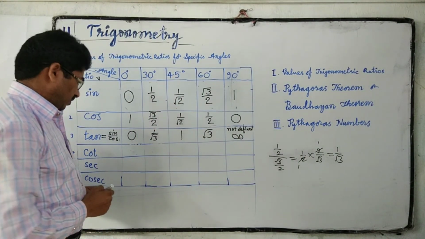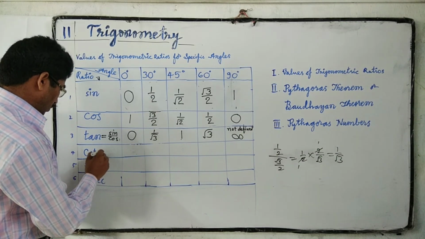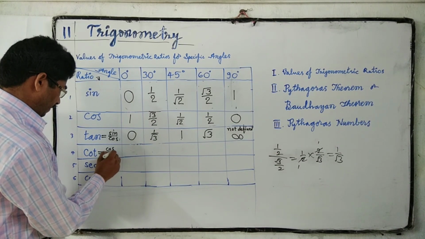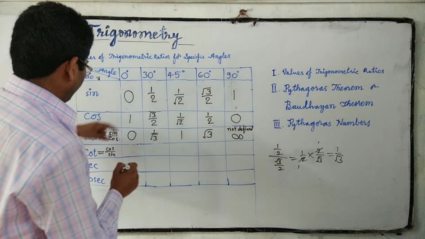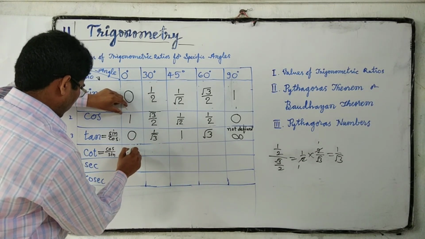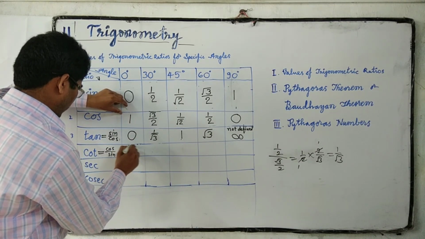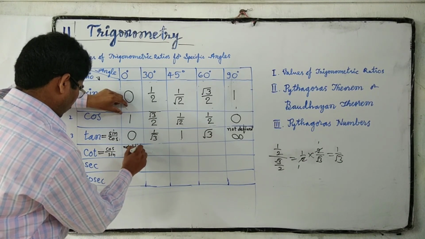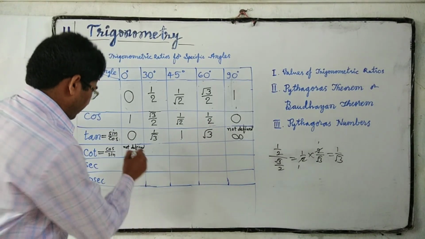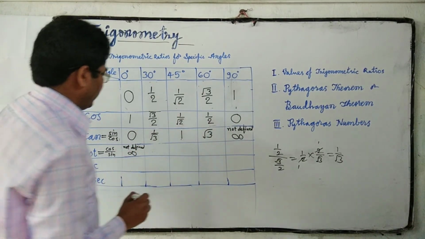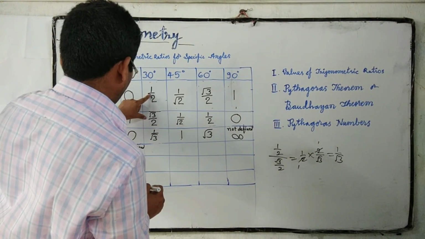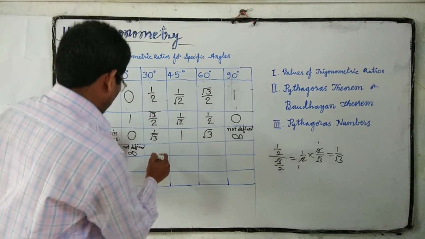Now cot values, we know cot is equal to cos by sine, the quotient relation. Cos by sine. 1 by 0, not defined, or infinity. Root 3 by 2 by 1 by 2, the 2s cancel, root 3.